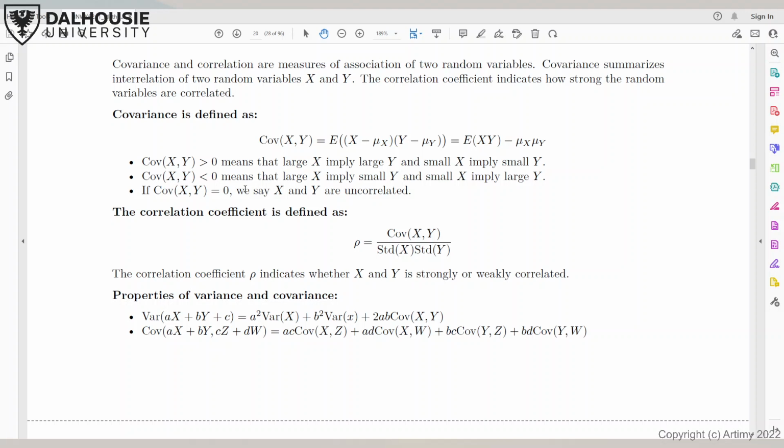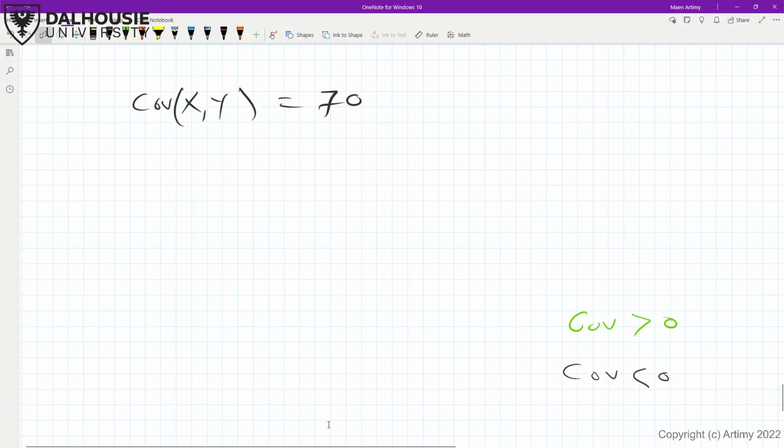If we want to know how big the relationship or how small the relationship is between the two, we need the correlation coefficient. The correlation coefficient takes the covariance of x and y divided by the standard deviation of both x and y, right? We give it the symbol rho.